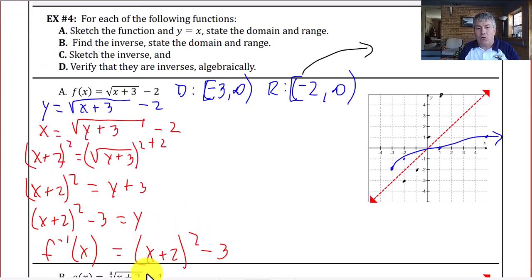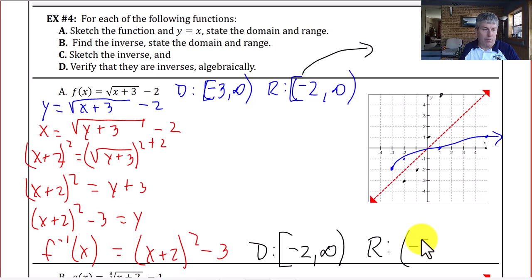But we can't graph the whole parabola here, because our original function has got restrictions on it. So we're only going to graph what would be our positive x's. So our domain on our inverse function is going to go from -2 to infinity, and our range is going to go from -3 with a bracket to infinity.